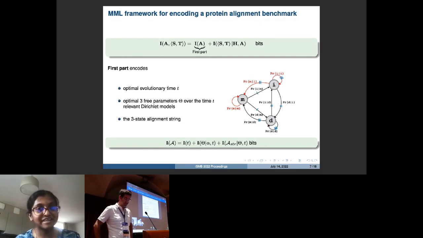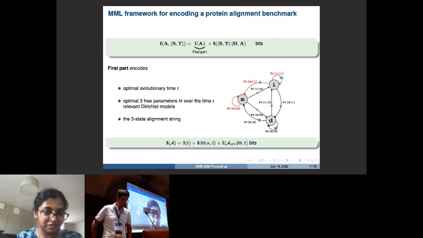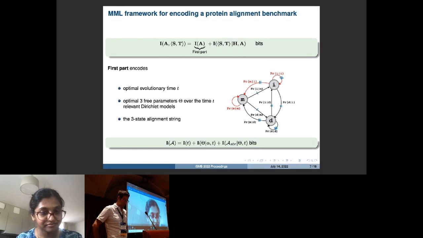I see. So if I understood the question correctly, you were asking how we can go from the nucleotide substitutions to the amino acid substitutions, what the link is in terms of the rates associated. Yes, essentially, think about the structure of the genetic code.